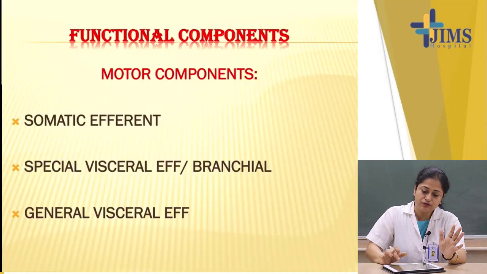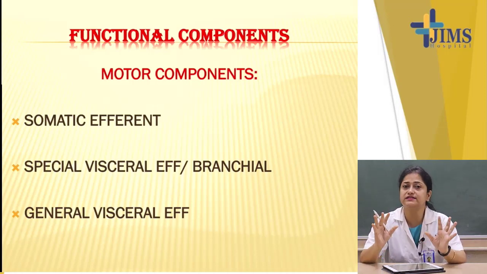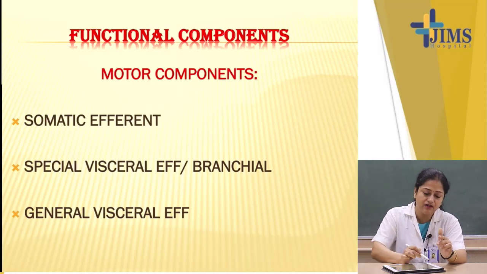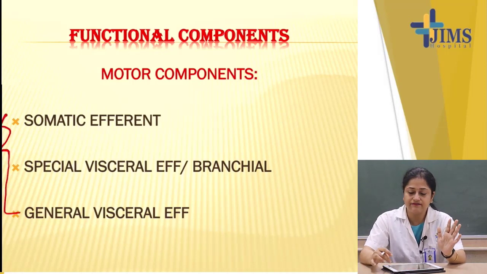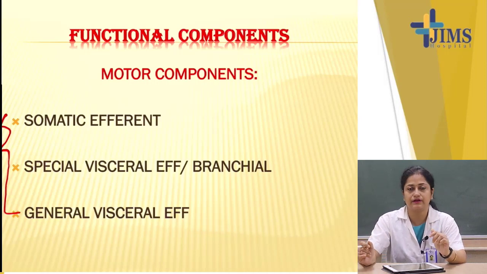So here we move on to the functional component. We said there are grossly 2 types of functional component. One is a sensory component, another is a motor component. Now a purely motor nerve will only contain any of these 3 motor components. In the same way a purely sensory nerve will contain some sensory component, whether 1 or 2, but only sensory components.